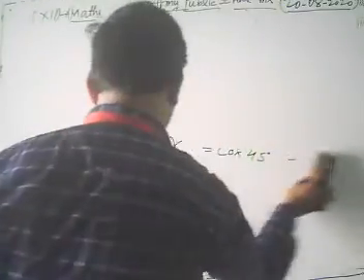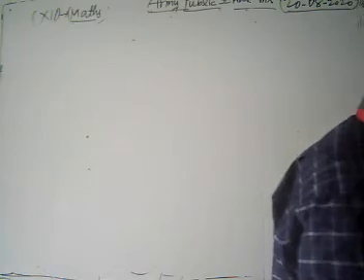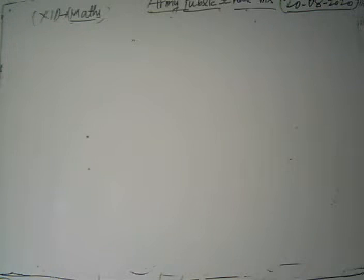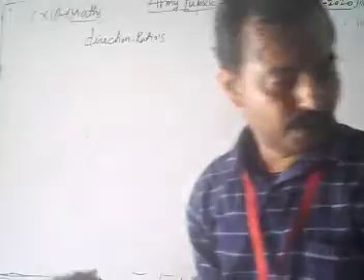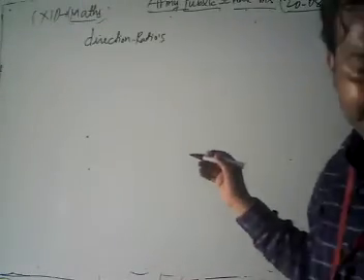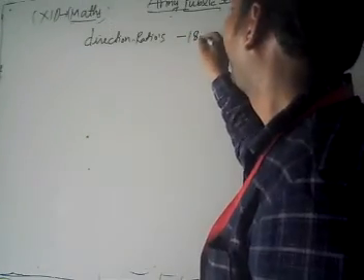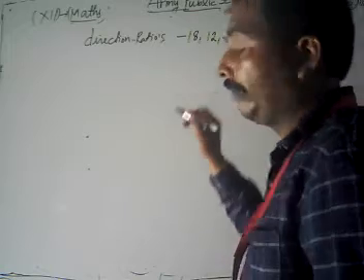Again, I am going to take another basic question, based on direction cosines and direction ratios. It is given that a line has the direction ratios minus 18, 12 and minus 4.